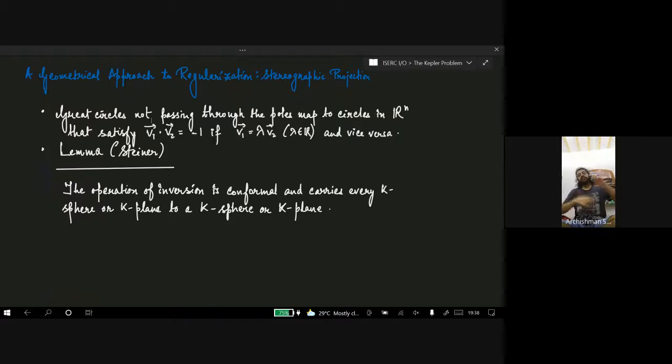So the great circles that do not pass through the poles map to circles in Rn that satisfy the criteria v1 dot v2 is minus 1 whenever v1 and v2 are on a common line passing through the origin. And all of this can be inverted. So if I prescribe such a circle that satisfies this criteria, then I can get a great circle on the sphere.